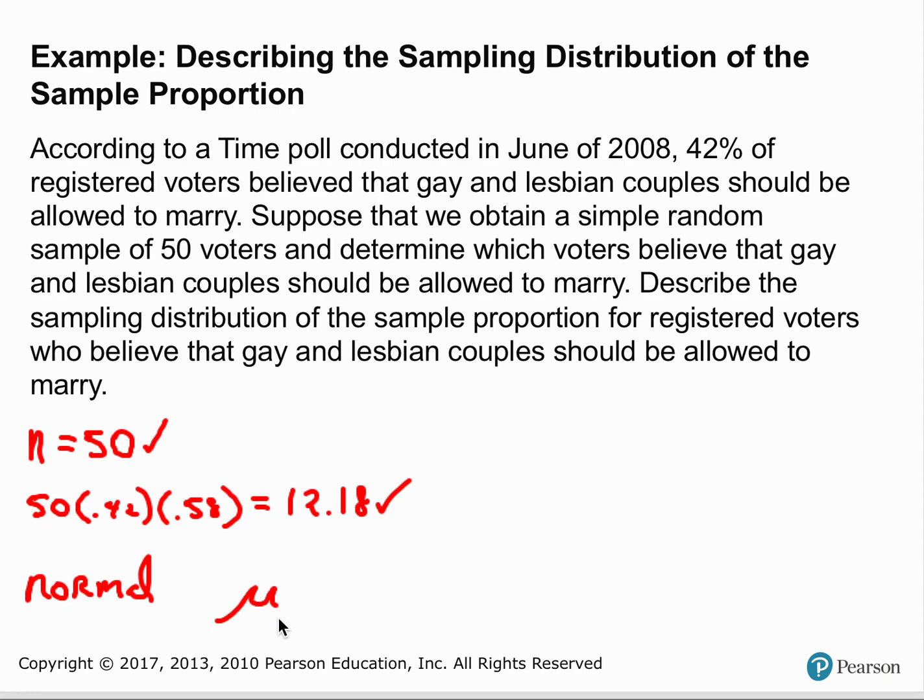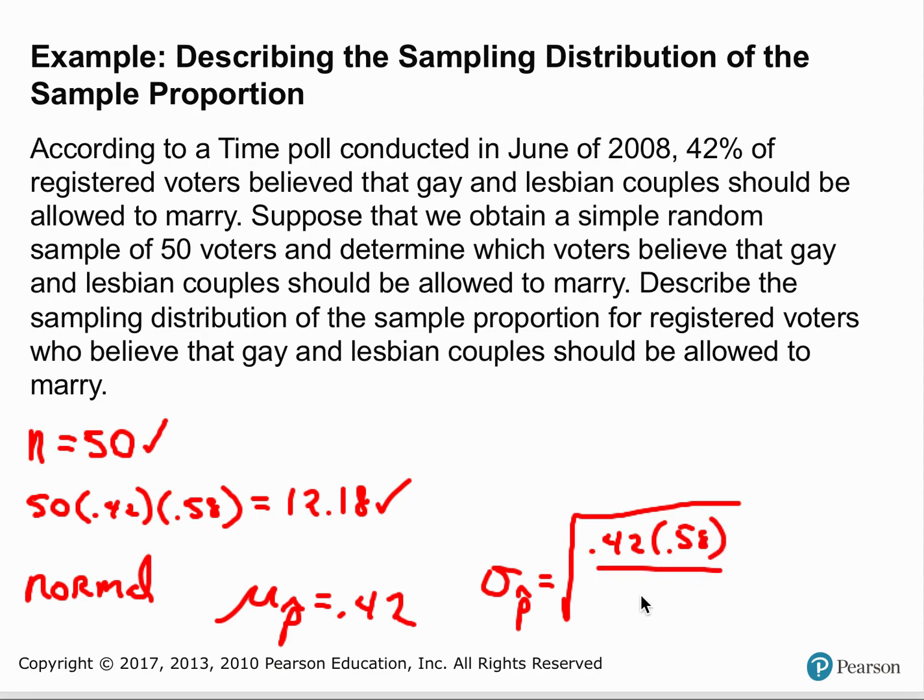I know that the mean of p hat is p, 0.42, and I know that the standard deviation of p hat is the square root of p times 1 minus p over n.